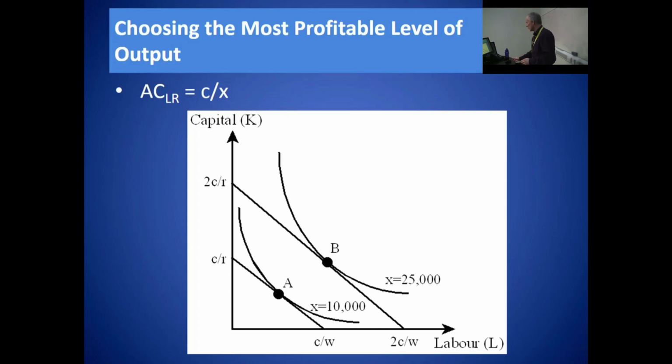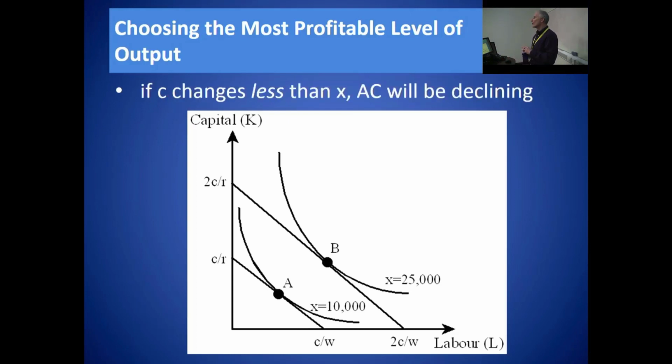Average cost is merely total cost, which is C, divided by output X. That's the average cost. Cost divided by output. Now I'm going to show you how that changes, depending upon returns to scale. So the scenario that we've run through here is increasing returns to scale.